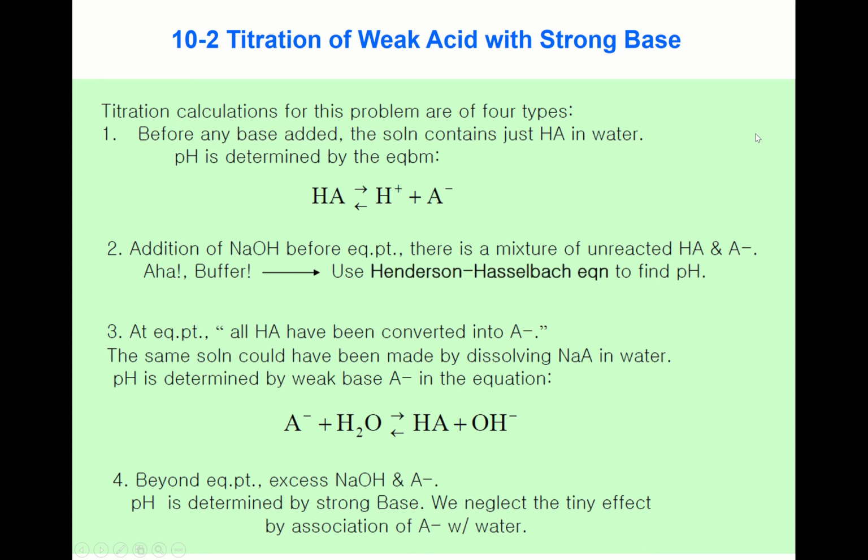The next topic is titration of a weak acid with strong base. In order to titrate a weak acid or weak base, we need a strong base or strong acid, because weak plus strong makes the reaction go to completion. It is certainly possible to titrate a weak acid with a weak base, or a weak base with a weak acid, but we are not sure whether the reaction goes to completion.